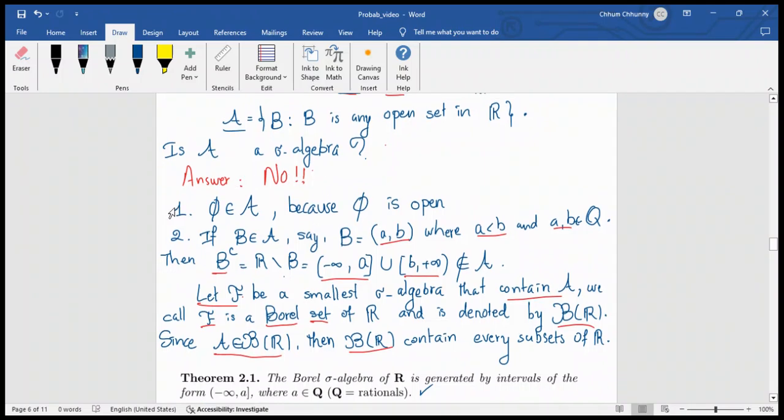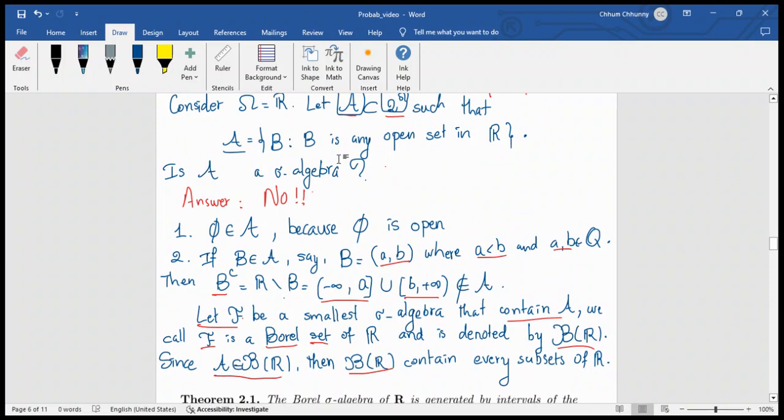Why? Let's go to the first condition, about the empty set. We know that the empty set is open and closed, and A is the set that contains every open set in R, so the empty set is an element of A. The first condition of a sigma algebra is satisfied. But for the second condition, about the complement, if we have B belonging to A, it means that B is an open set in R, or an open interval in R. Let's say B equals (a, b), where a is less than b.